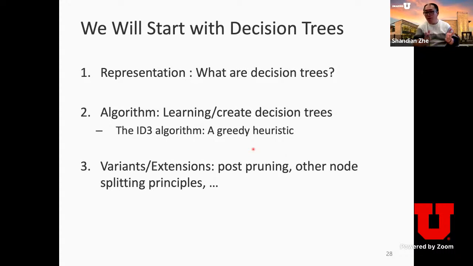We should avoid overfitting, meaning that we should control the scale of the trees. That leads to several variants or extensions of the ID3 tree learning algorithm, and we'll talk about some pruning strategies, like how we cut branches of the trees to control the growth of the tree, and whether there are any splitting principles to generate trees, etc.